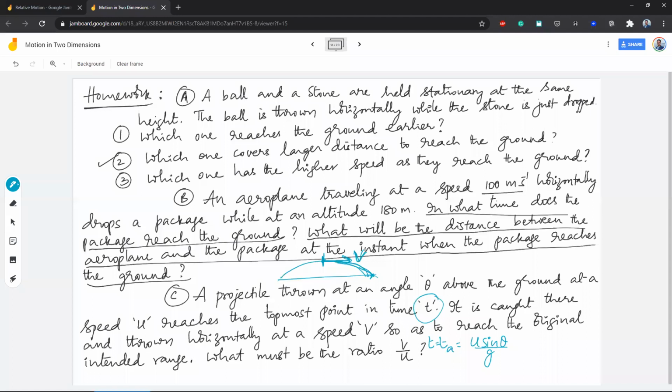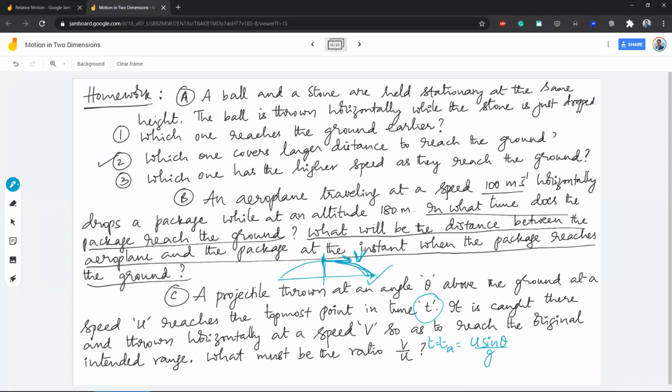Is it not? So if they did not catch it at the topmost point, if they had just let the projectile continue its motion, it would have reached the original intended range anyway. But then they are catching it, right?